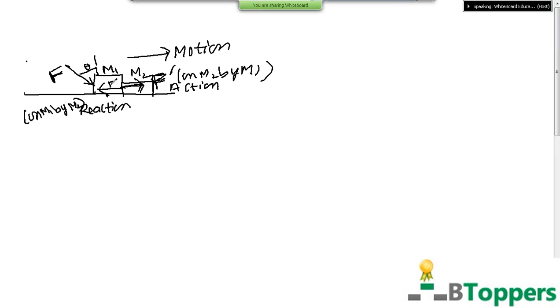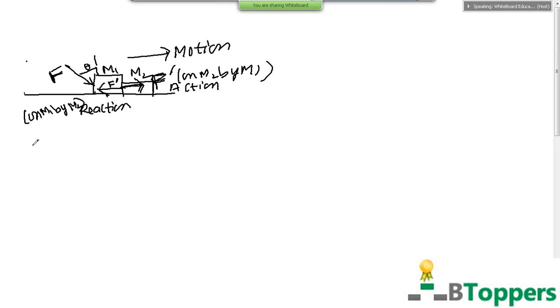According to Newton's law, action and reaction forces always have the same magnitude. So if F dash represents the magnitude of the force on M2 by M1, then the magnitude of the reaction force on M1 by M2 is also equal to F dash. So F dash is the magnitude of the contact force between the two blocks.